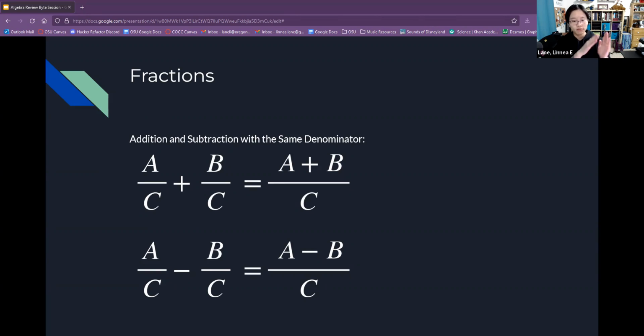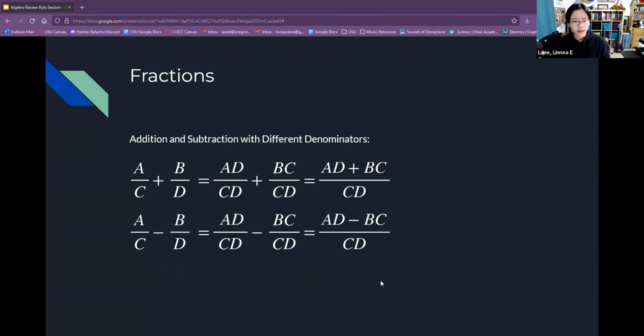If you're adding or subtracting two fractions, you want the same denominator. In this case, we have the same denominator, our variable c, and so we can just combine whatever our tops are, and we'll combine with the same denominator. Same thing here: we want to get the same denominator, but in this case, we start with different denominators in both our addition and subtraction.